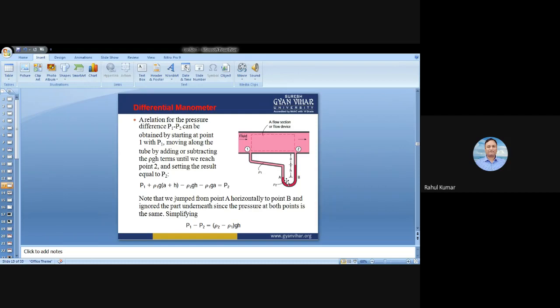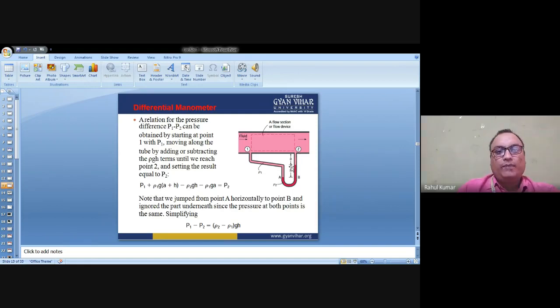Then setting the result equal to P2: P2 equals P1 plus rho 1 g (a plus h) plus rho 2 g h minus rho 1 g a, equal to P2.